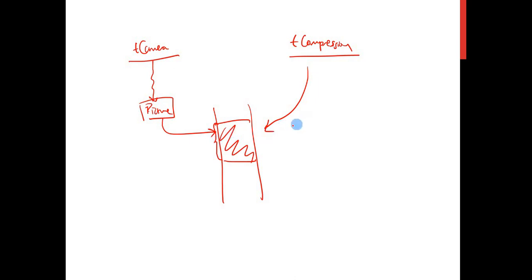In this situation, we may be taking multiple pictures, and for each picture we also need to call the T compression task to go and compress it. Both of them could be accessing the same memory region. So we want to make sure that if T camera is updating a particular memory region, T compression should not be trying to access it until it is complete. So that is an example of shared memory access.